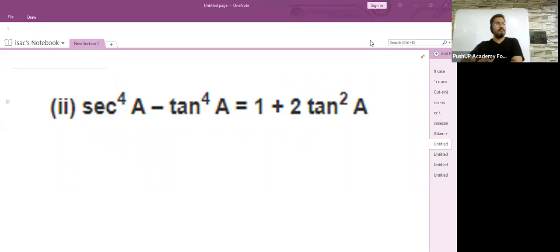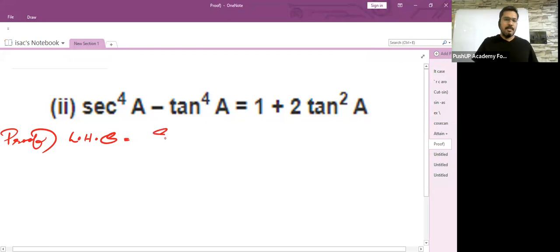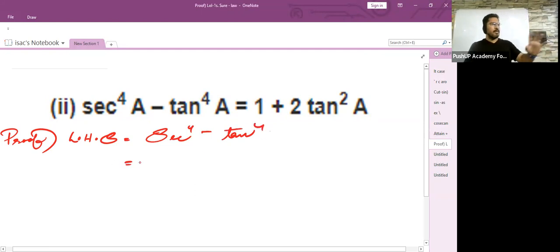Two minutes over. Jeevan, did you solve it? Jeevan, what did you take? LHS or RHS? LHS. How much is it? Sec raised to 4 minus tan raised to 4. Okay. Sia, what is your thought on this?